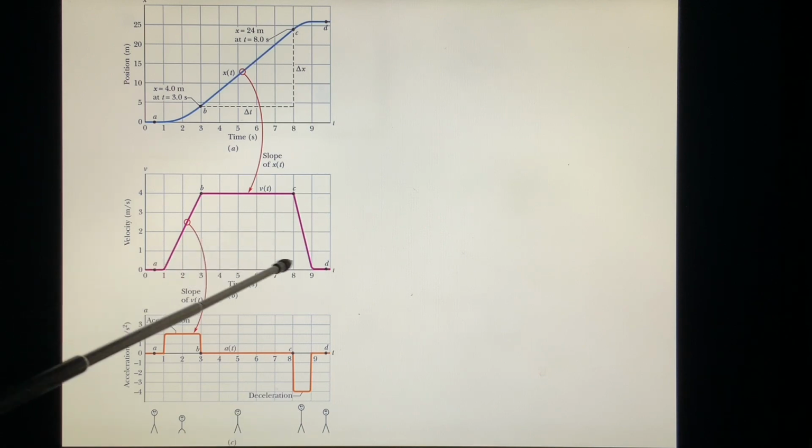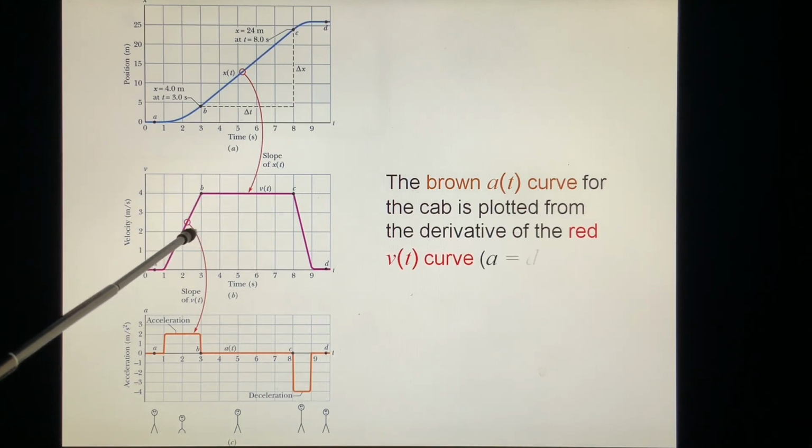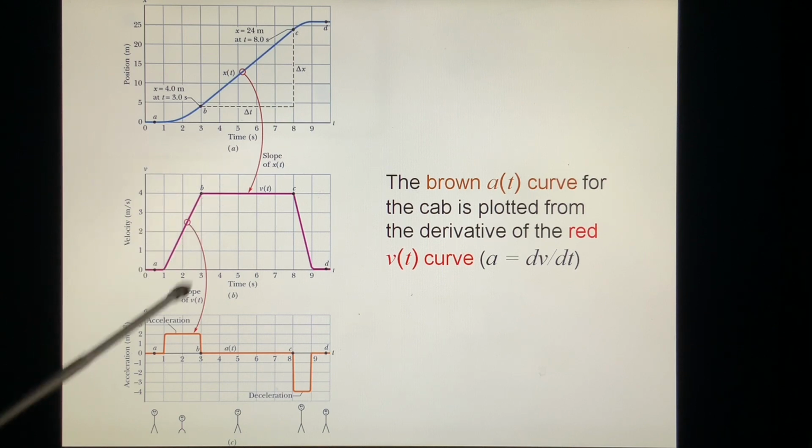And this area is linear, so this is a negative number, because tan theta is negative. So this brown one will be acceleration versus t. The brown acceleration curve for the cab is plotted from the derivative of the red v curve. a equals dv/dt. At any point, we find the tangent dv/dt, and we plot this one.